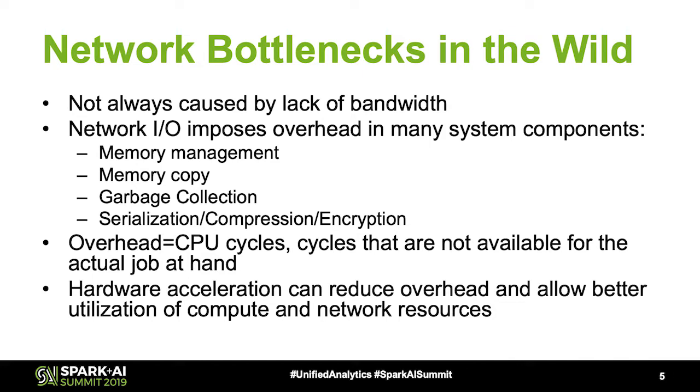This translates to actual CPU cycles, and those cycles are not available for the actual job we're trying to do. We're wasting a lot of CPU cycles doing stuff that we don't really care about. So hardware acceleration is one way to reduce this overhead and release some CPU cycles and actually use them for the job we're trying to do. This way, we can allow better utilization of the compute and network hardware.